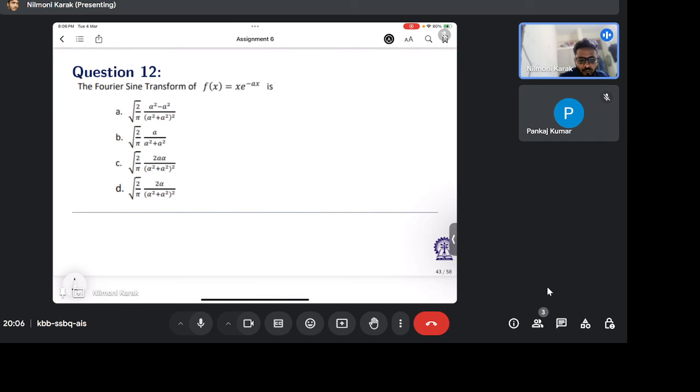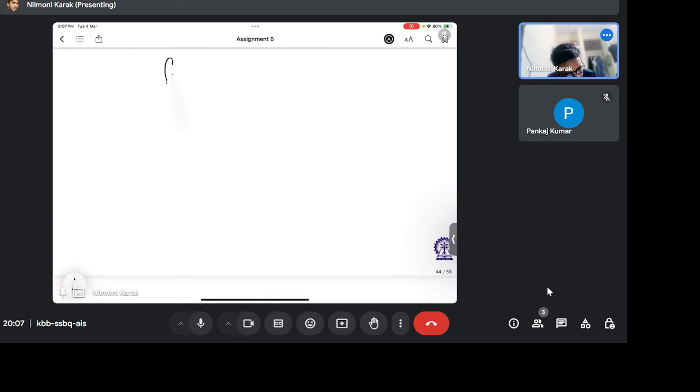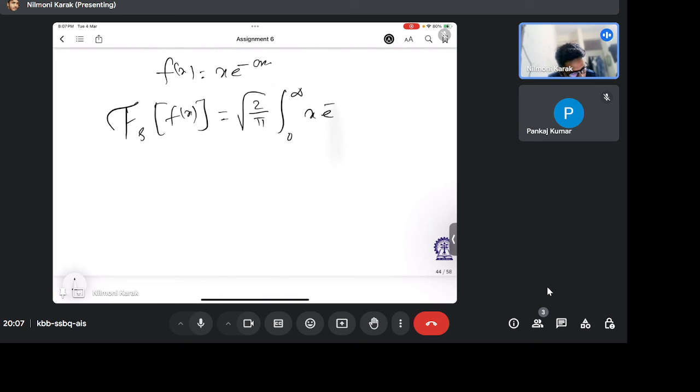This is a quite similar problem. But here the Laplace transform is not given, yet you have to use the Laplace transform. f(x) is x times e to the power minus x, and the Fourier sine transform of f(x) is root 2 by pi integration 0 to infinity x e to the power minus x sine alpha x dx.